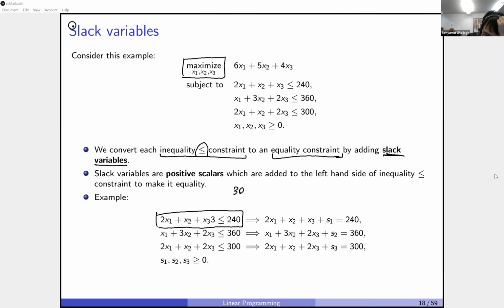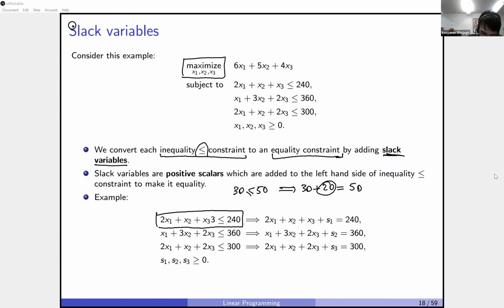So for example, 30 is less than 50, right? But I can write 30 plus 20 equals 50. And this 20 is the slack variable. So I converted the inequality to equality, where the slack variable is non-negative because this is less than or equal to.